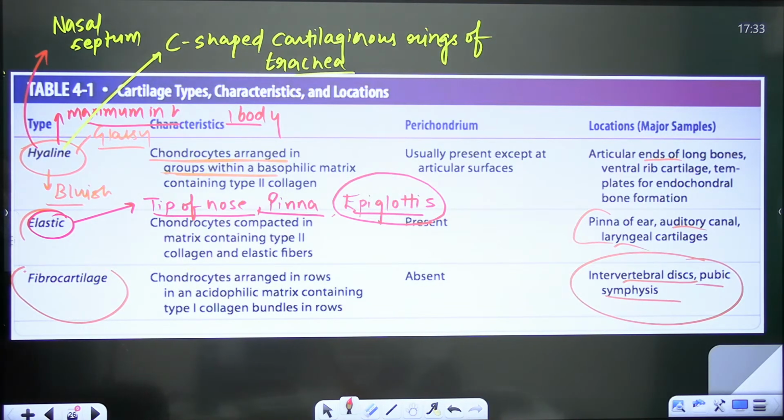So elastic cartilage is yellow fibrous cartilage, and fibrocartilage is your white fibrous cartilage. Done? Any doubt?